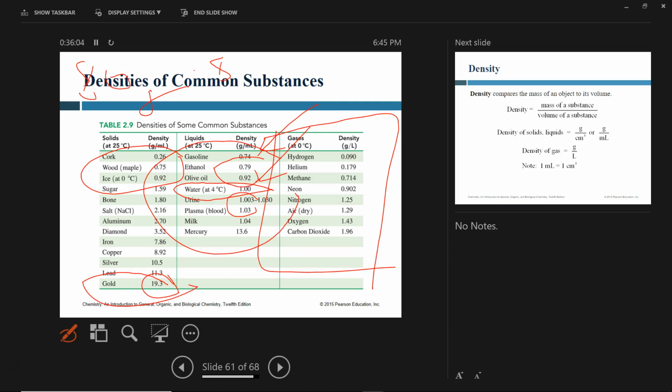So you need to do the conversion factor, right? Does that make sense? The density of ethanol, as we discussed, is 0.8 grams per mil. Can you flip this conversion factor upside down? 1 milliliter. Yeah, 1 milliliter.